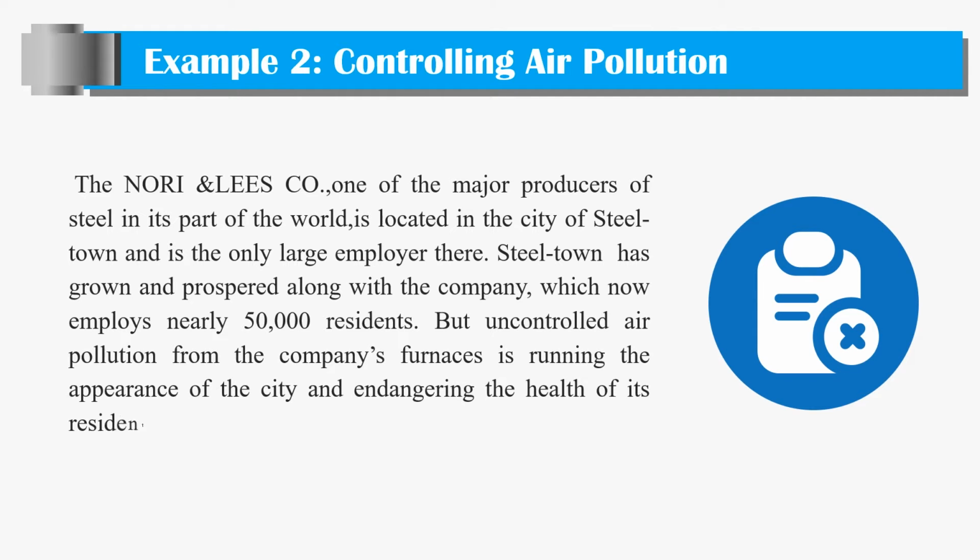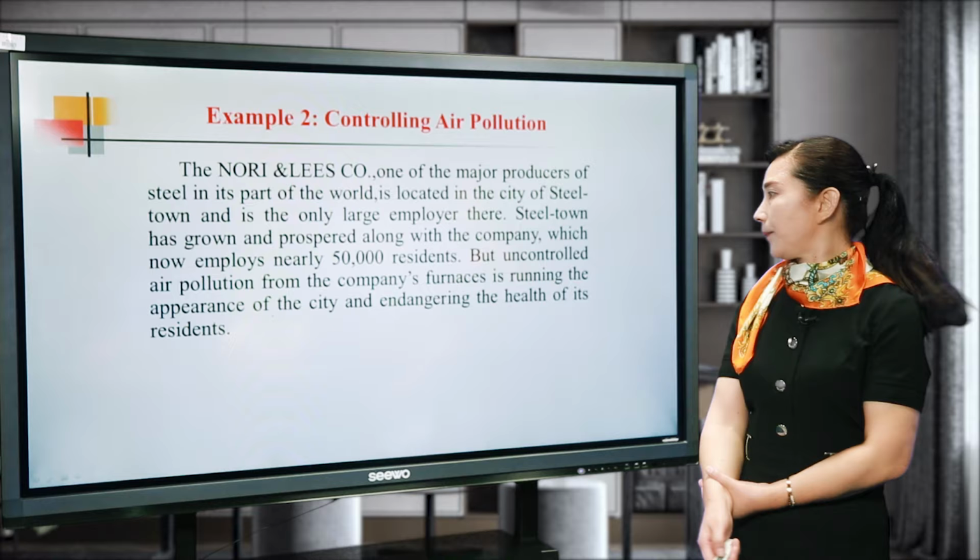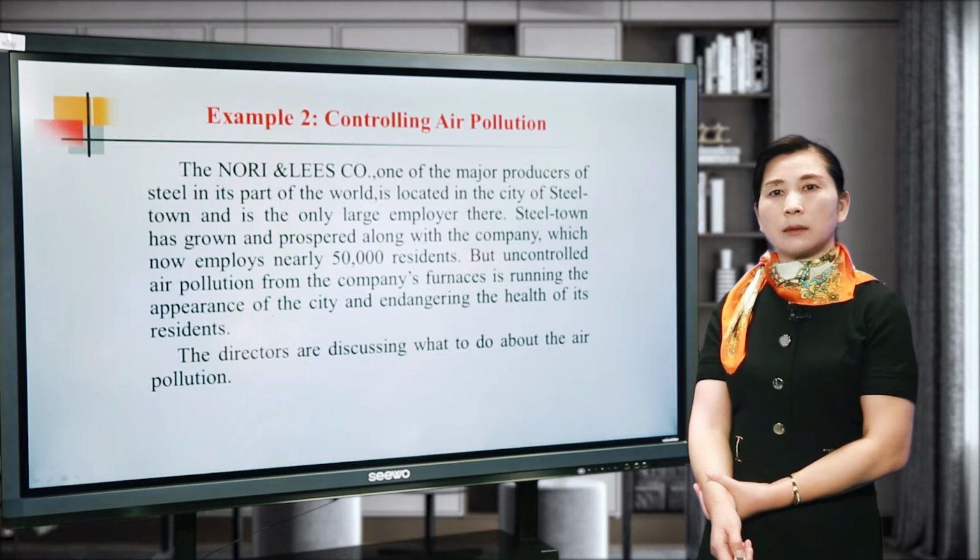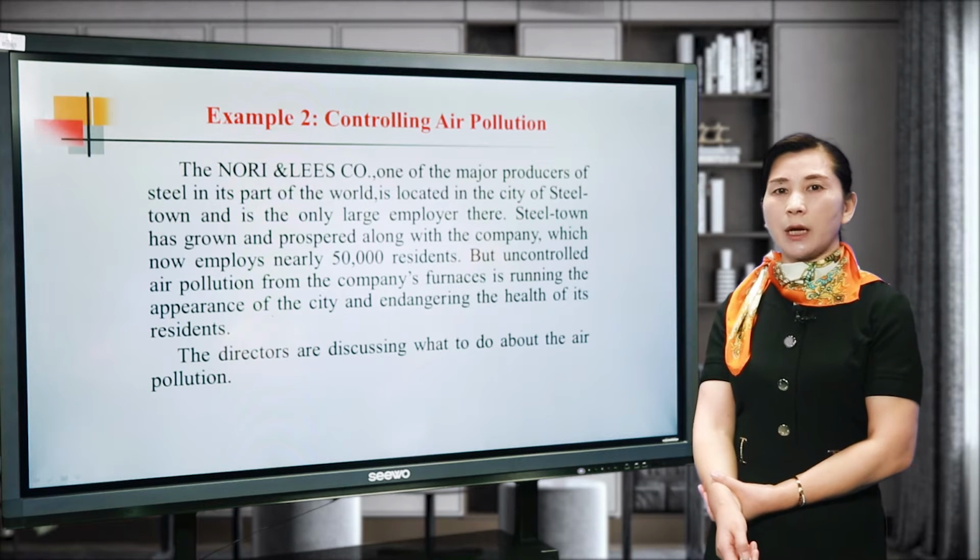Amsterdam has grown and prospered along with the company, which now employs nearly 15,000 residents. But uncontrolled air pollution from the company furnace ruins the appearance of the city and endangers the health of its residents. The directors are discussing what to do about air pollution.